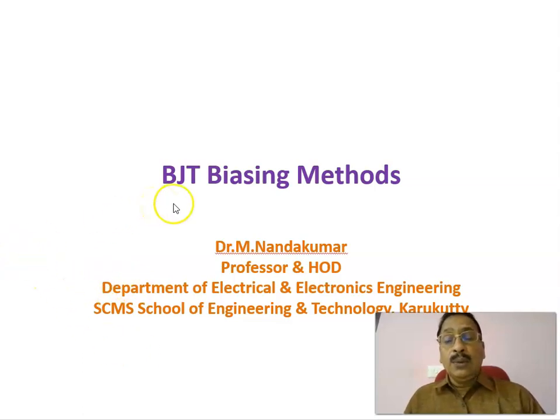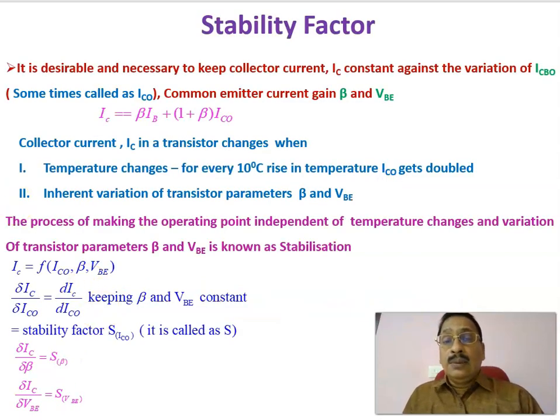In this presentation, I'm going to explain different biasing methods of bipolar junction transistor in order to stabilize the operating point of a BJT amplifier. Now let us see what is meant by stability factor.